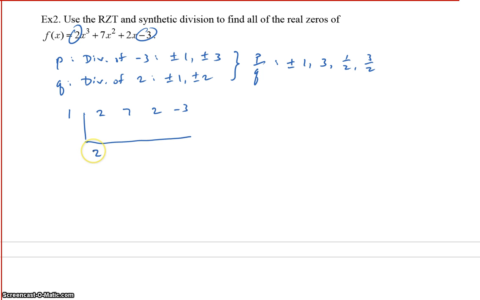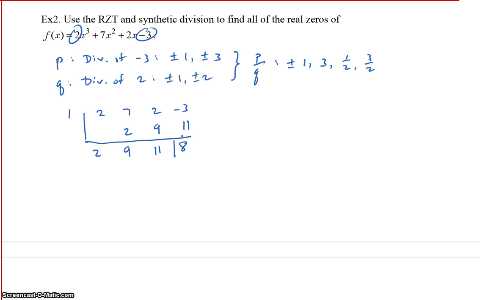So we bring down the 2, we multiply 2 times 1, we add 7 and 2, we multiply 9 and 1, we add 2 and 9, we multiply 11 and 1, we add negative 3 and 11. Separating that off, that gives us 8.